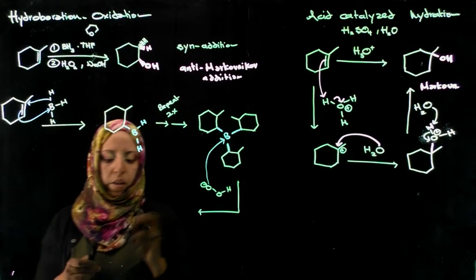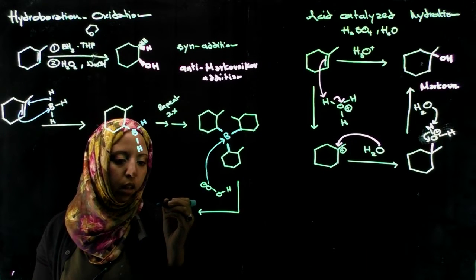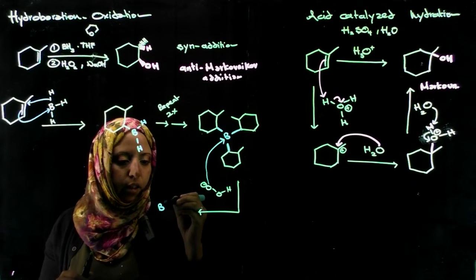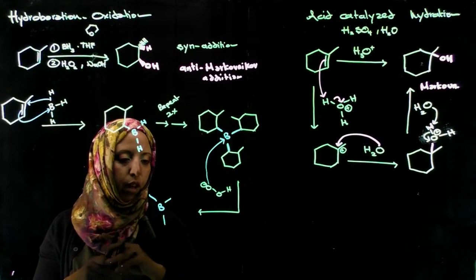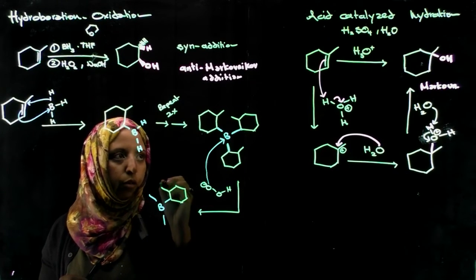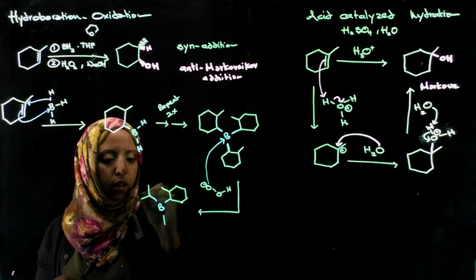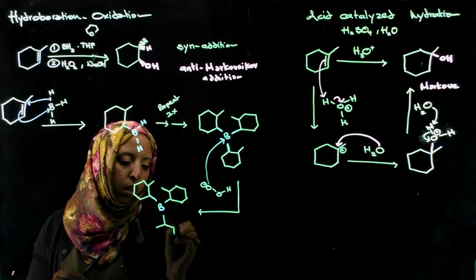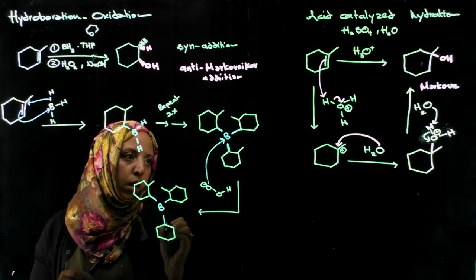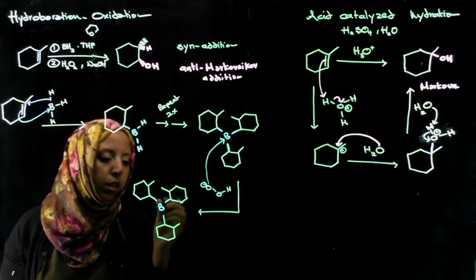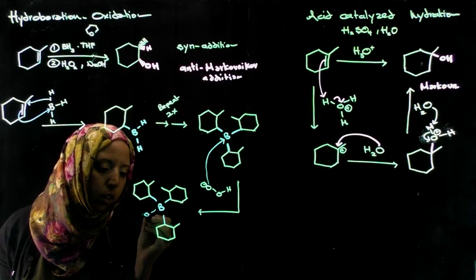Okay? So we still have the boron, and it has 3 bonds to our substrates, and it formed a bond to the less substituted position of the original carbon-carbon double bond. Okay, but now it has a new bond to this peroxide.